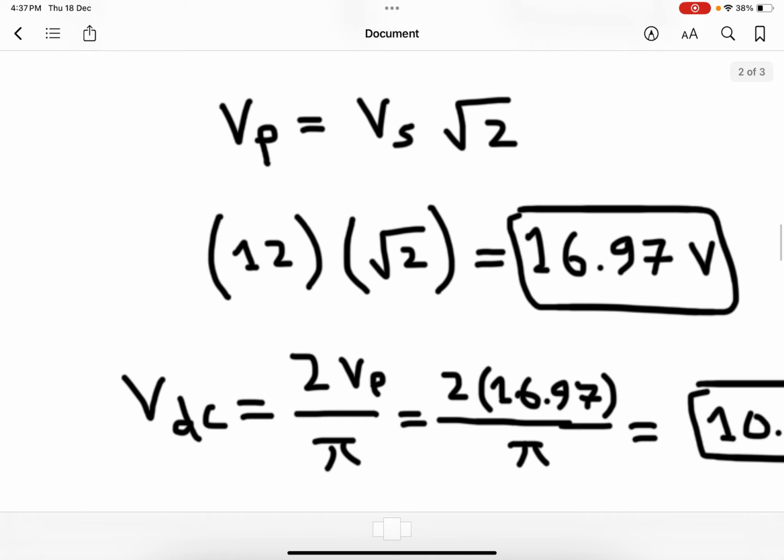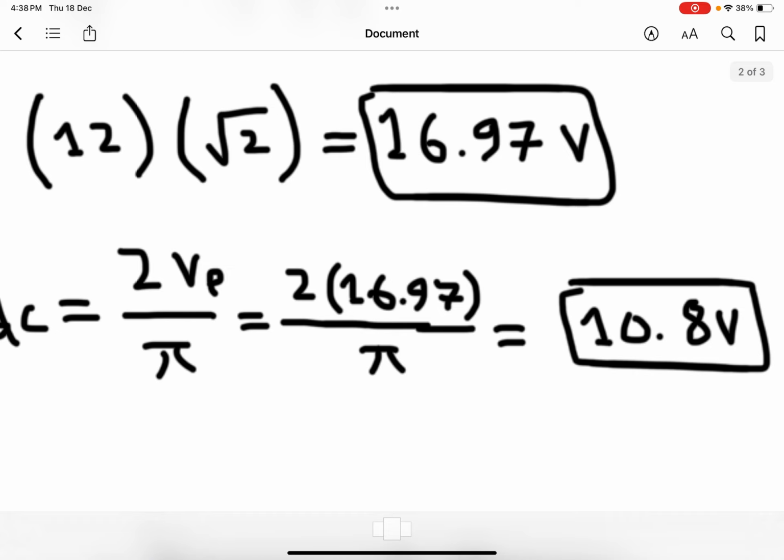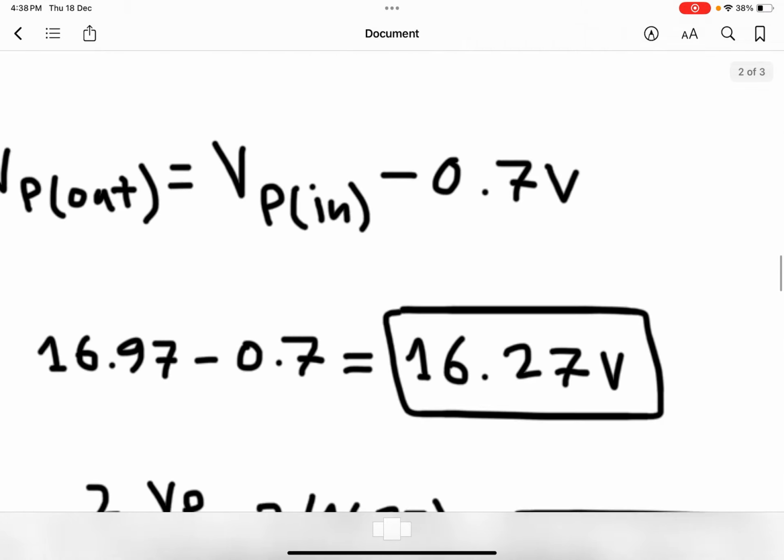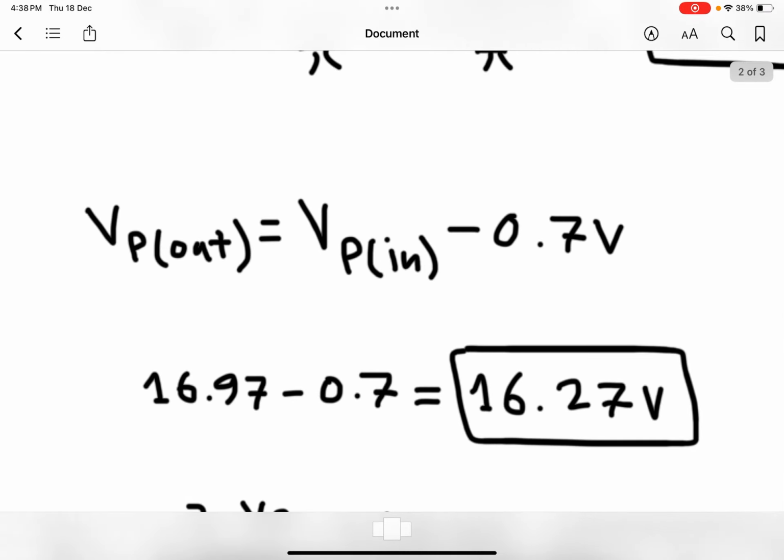Now if we want to calculate the DC voltage, which is equal to 2 multiplied by peak voltage divided by pi, which is equal to 2 multiplied by 16.97 volt divided by pi, which is equal to 10.8 volt. Now if we want to use the second approximation, V peak output equals V peak input minus 0.7 volt.